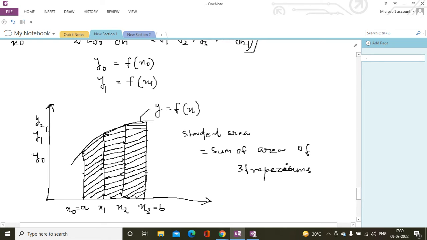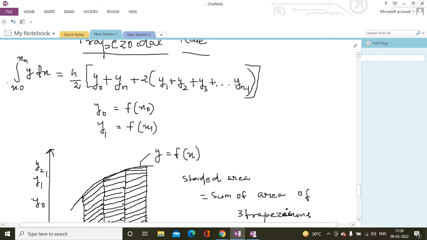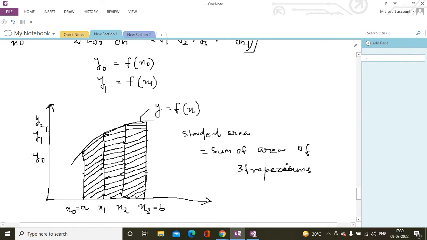So now we'll integrate. As per the trapezoidal rule, the integration will be the shaded area, and that will be the sum of the areas of three trapeziums. Similarly, in case of the general formula, it is the sum of the areas of n trapeziums. As the graph shows here, these are trapeziums, right guys?